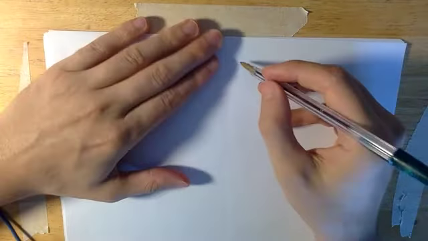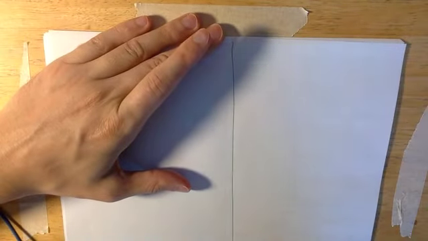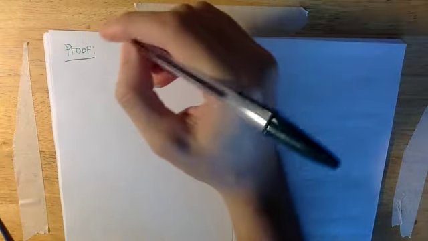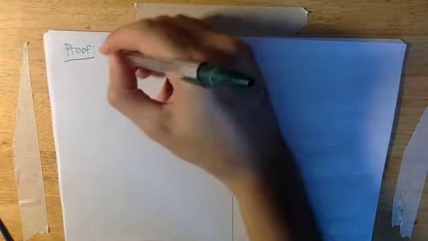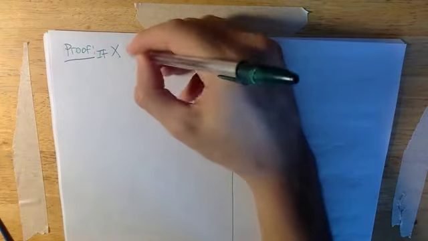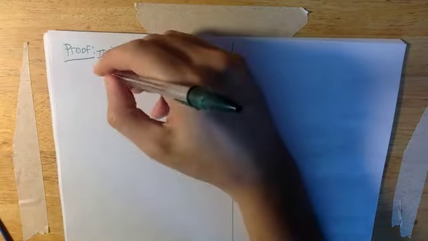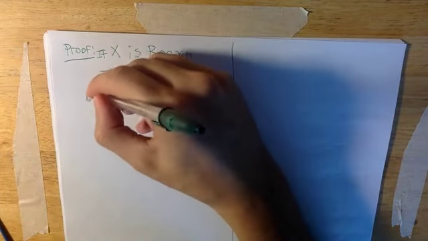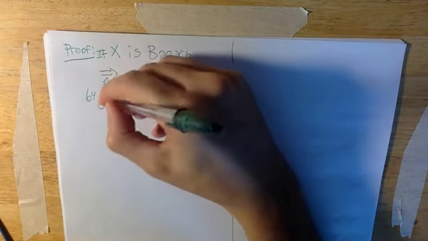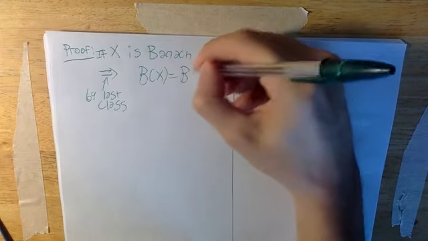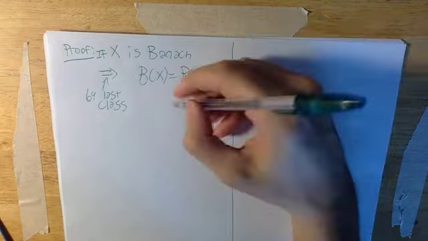So let's look at the proof of this. Let's start with the first observation. If X is Banach, then by last class, B(X), the bounded linear operators from X to X, is also Banach.